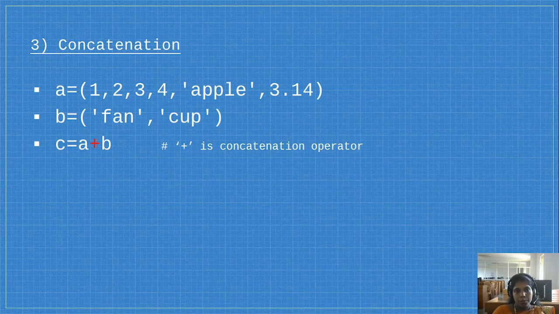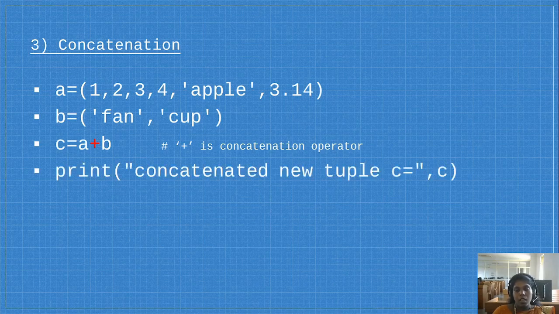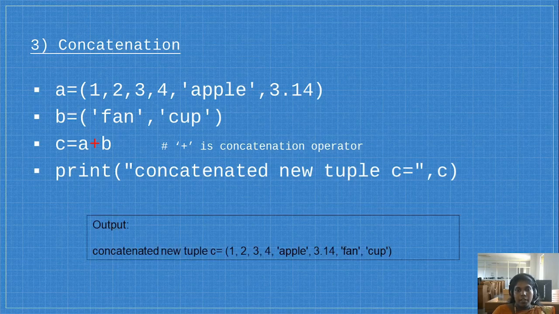The values of tuple A as well as tuple B are concatenated and we get the new tuple C. Then we can display the value of C. I have a print statement, concatenated new tuple C equal to this, and I will get an output like this. It has all the values from tuple A, then the values from tuple B. This is the concatenation operation.